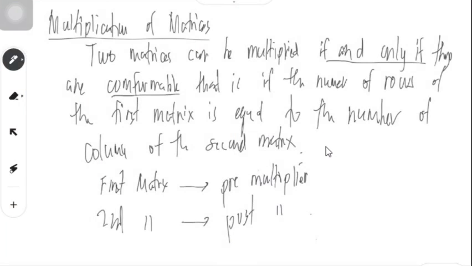Okay? Ang sabi dito, multiplication of matrices is possible if and only if they are conformable. When we say conformable, the number of rows of the first matrix is equal to the number of columns of the second matrix.